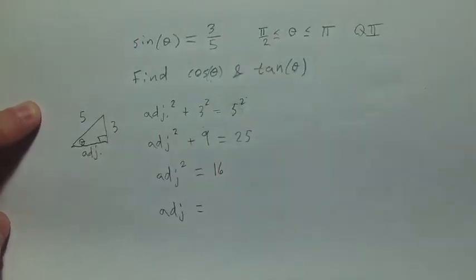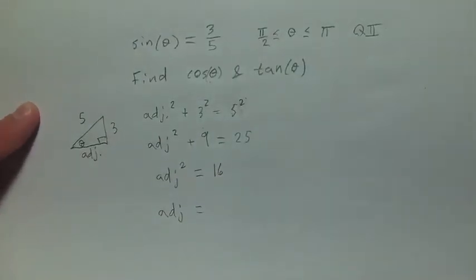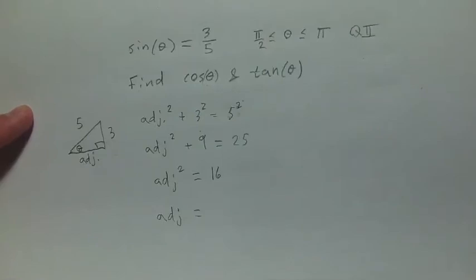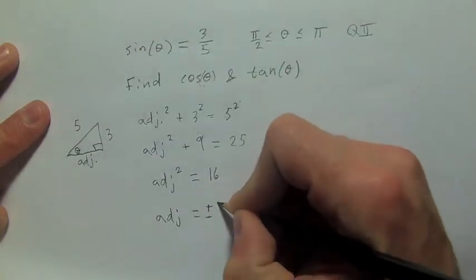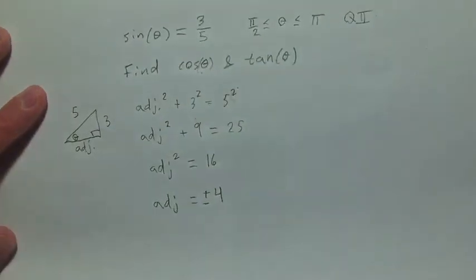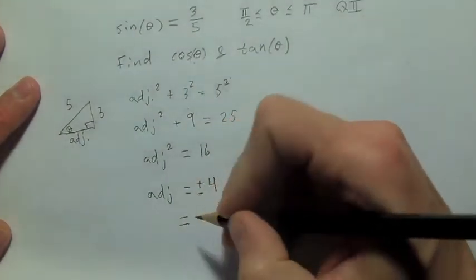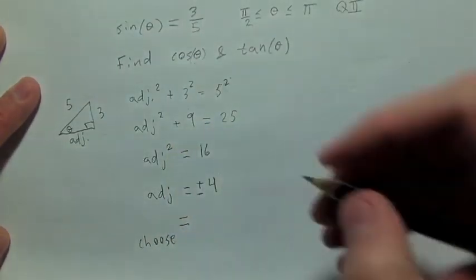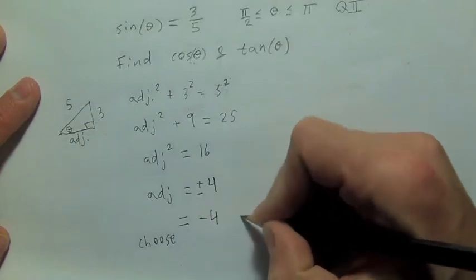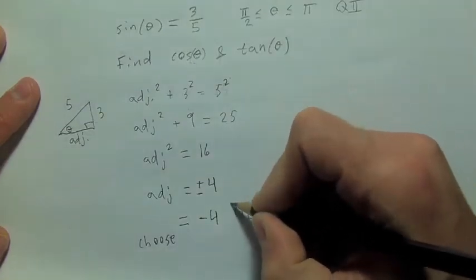This is the problem with using right triangles, is because you don't really put negative sides on a right triangle, right? That's where you've got to be careful. So this is actually going to be plus or minus 4. And we're actually choosing negative 4 because we're in quadrant 2.